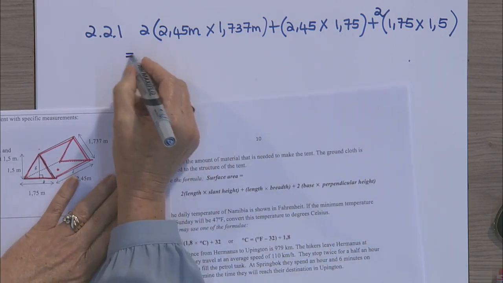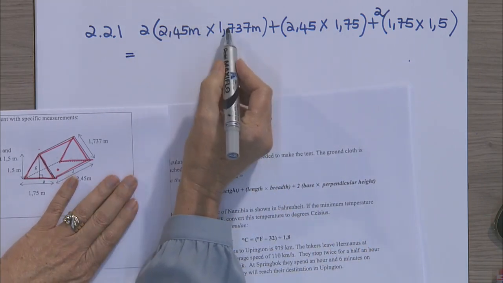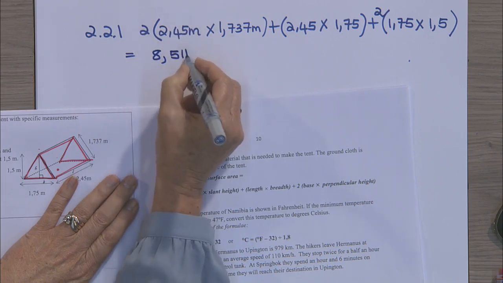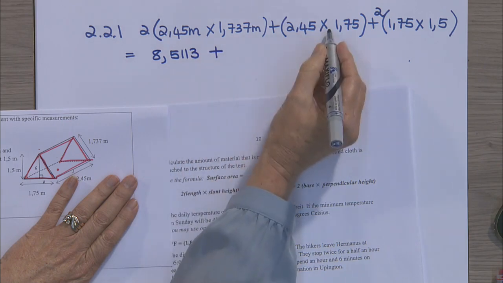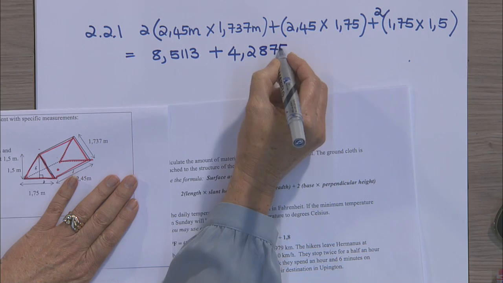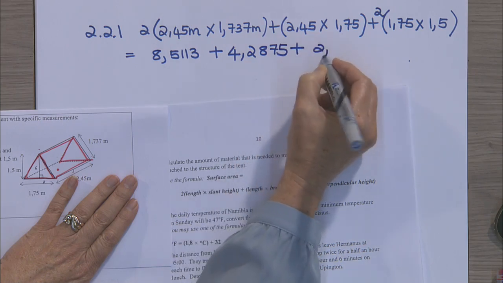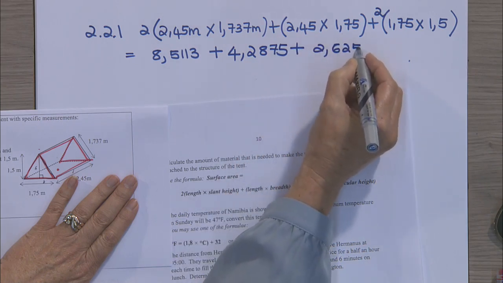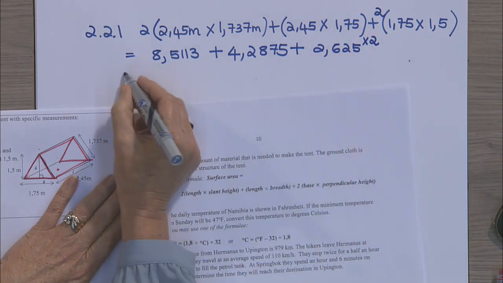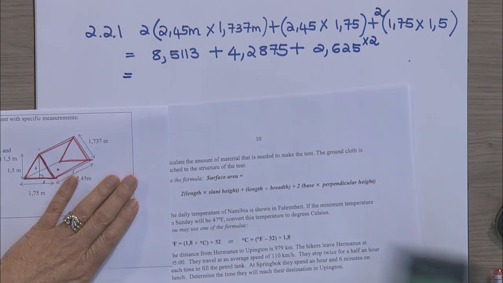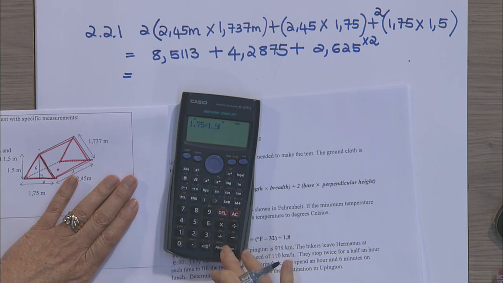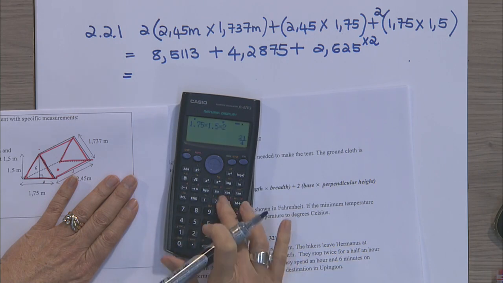So if you work out the bracket and multiply it with 2, you get 8.5113. You multiply that bracket, you get 4.2875 plus 2.625, and we times it by 2. Let me quickly check 1.75 times 1.5 times 2.